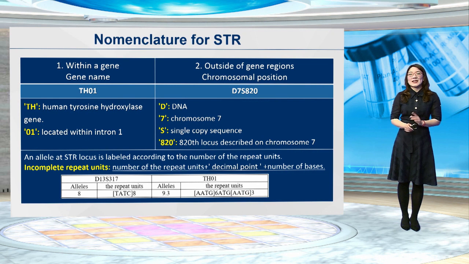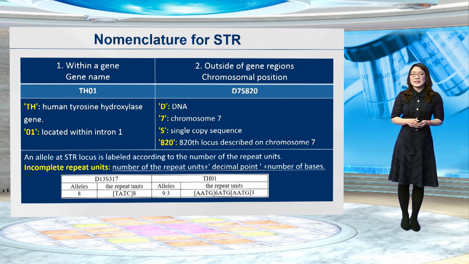Now let's see how the STR is named. The nomenclature for the STR is fairly straightforward. If an STR is part of a gene or falls within a gene, the gene name is used in the designation. For example, the STR marker TH01 is from the human tyrosine hydrolase gene located on chromosome 11.